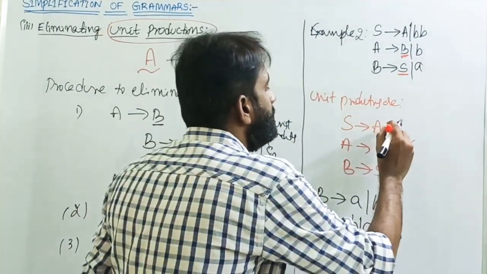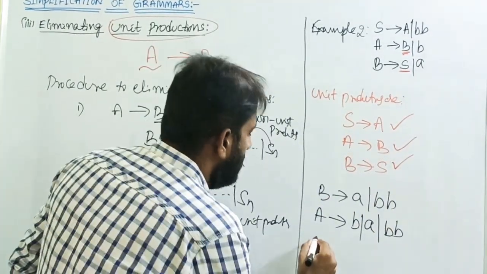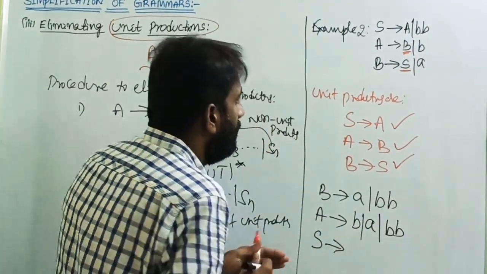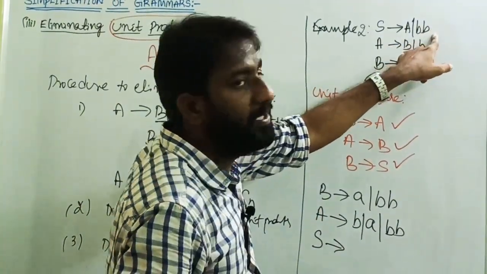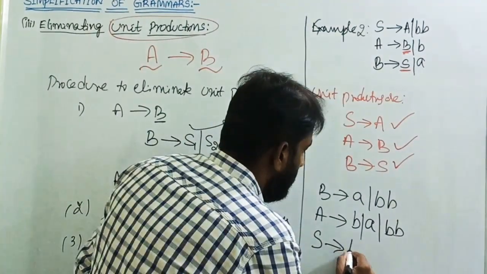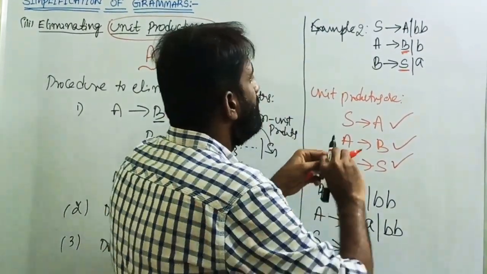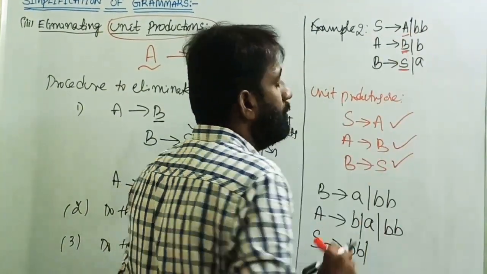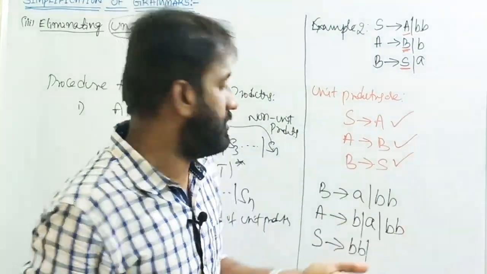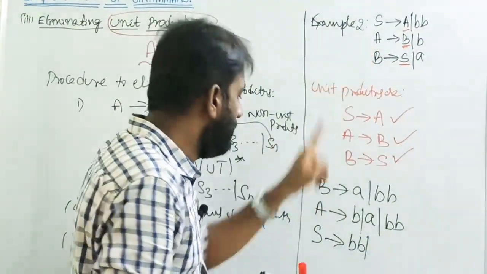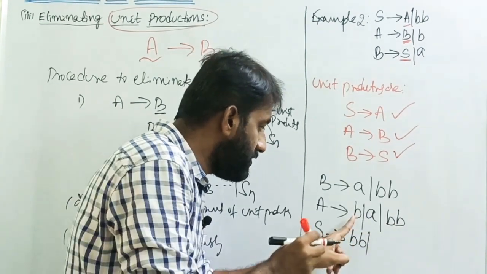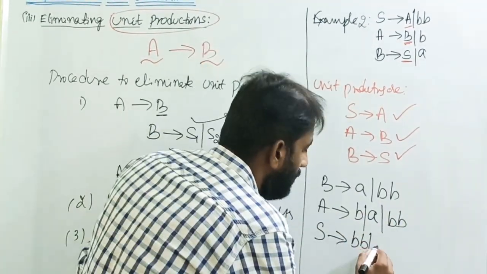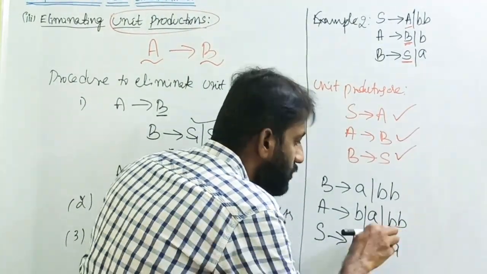Then take S tends to A. What are S's non-unit productions? Double B. So double B slash, and we are removing A from this production, so add A's non-unit productions. What are A's non-unit productions? B, A, double B. So B slash A. Double B is already added.